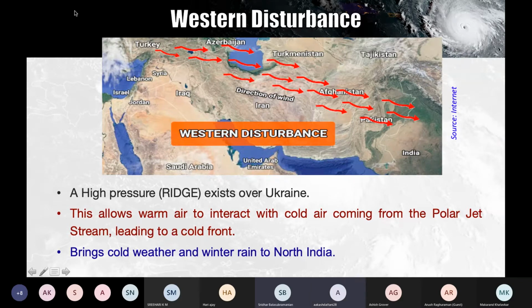But what may happen is the polar vortex can come all the way to Europe, and then near Europe, this ridge, which is the high pressure over Ukraine, could deflect this polar vortex and actually trigger a storm. But it would be a new storm. It will not be a remnant of that same storm.